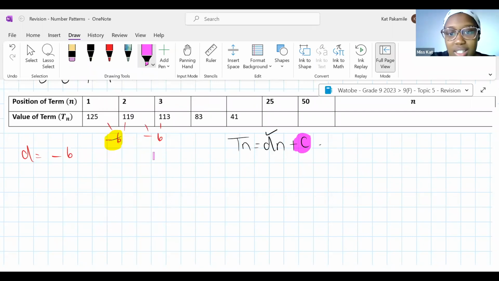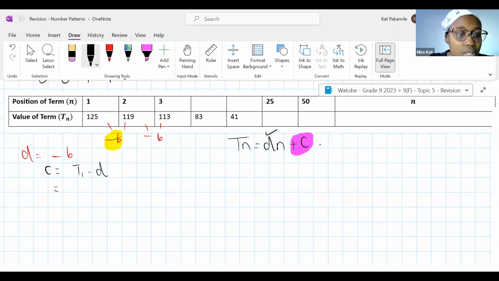How do we find c again? Please remind me in the chat. Anyone? Someone? T1 minus D. Oh, Amahle, that is beautiful. T1 minus D. Or you do the opposite operation.